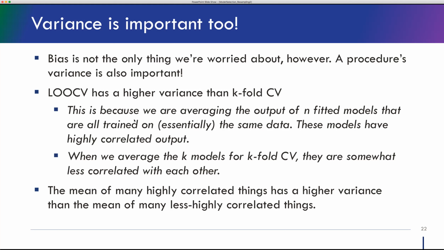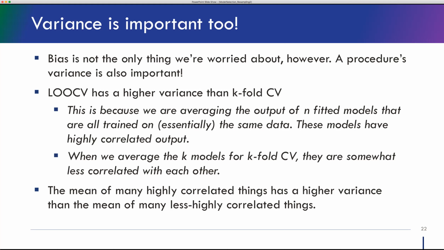This is because we are averaging the output of n fitted models that are all trained on essentially the same data, so those models have highly correlated output. When we average k models for k-fold cross-validation, they are somewhat less correlated with each other, because they have fewer common data points for training.